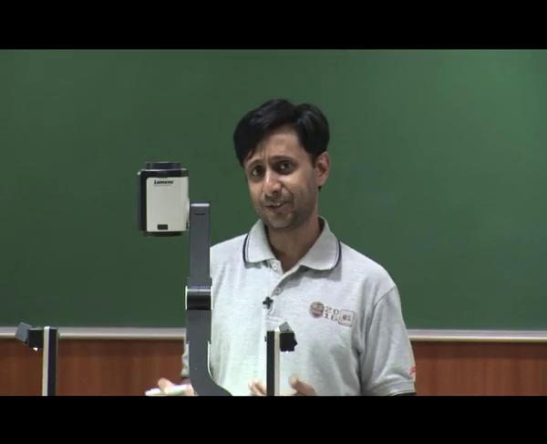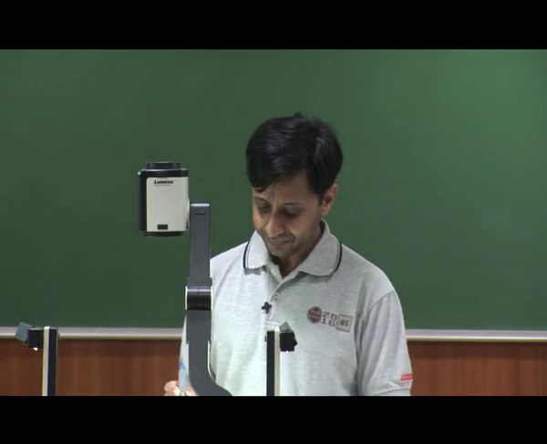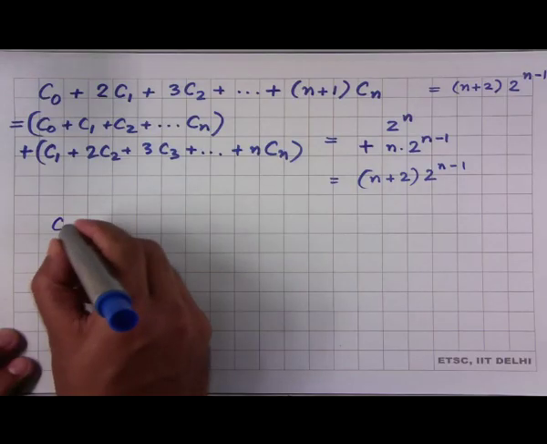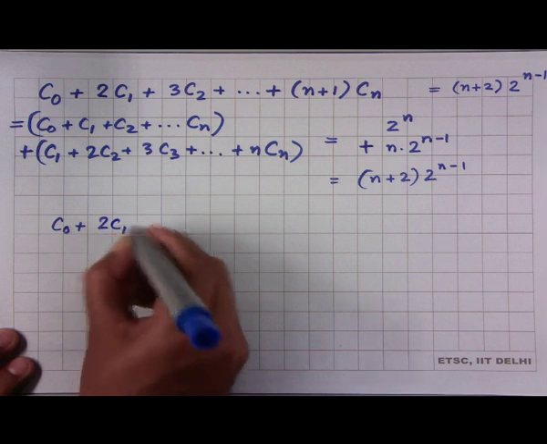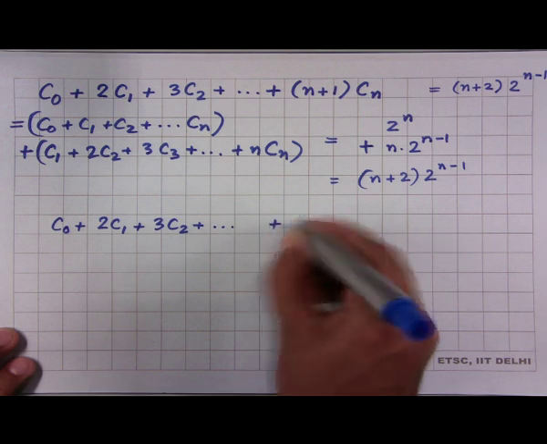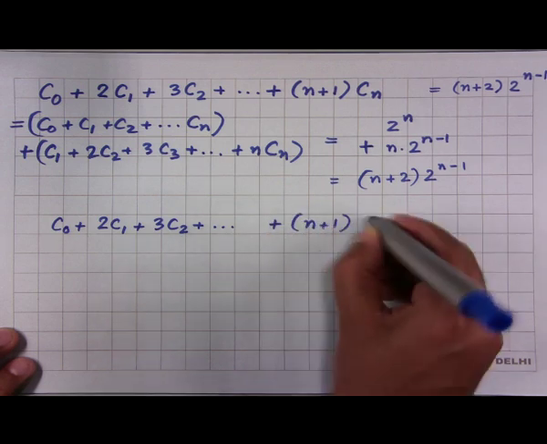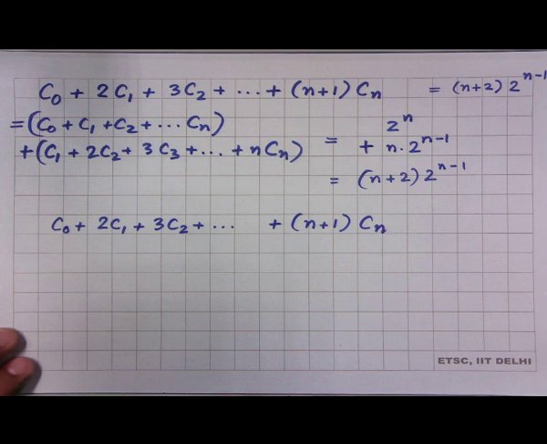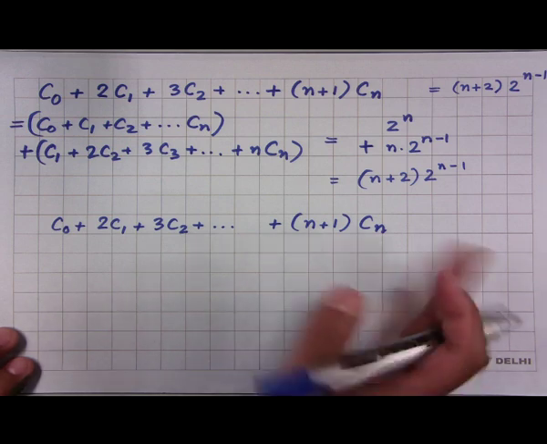So, let us try to solve it in one more way. Maybe you can look at it in this fashion. So, this is what you have, and can I write it backwards?